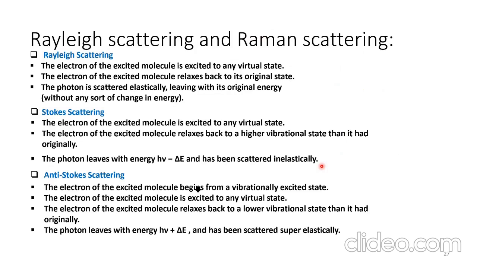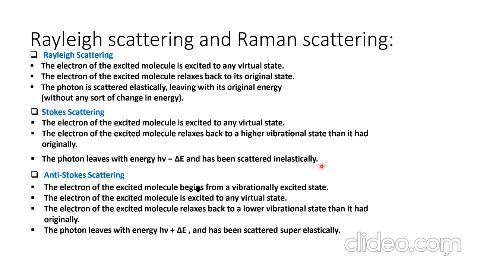So Rayleigh scattering and Raman scattering are different. In the Rayleigh scattering, the electron of the ground state is excited to the virtual state. The electron relaxes back to its original state, and the photon is scattered elastically, leaving in its original state. So there is no change in the energy basically.